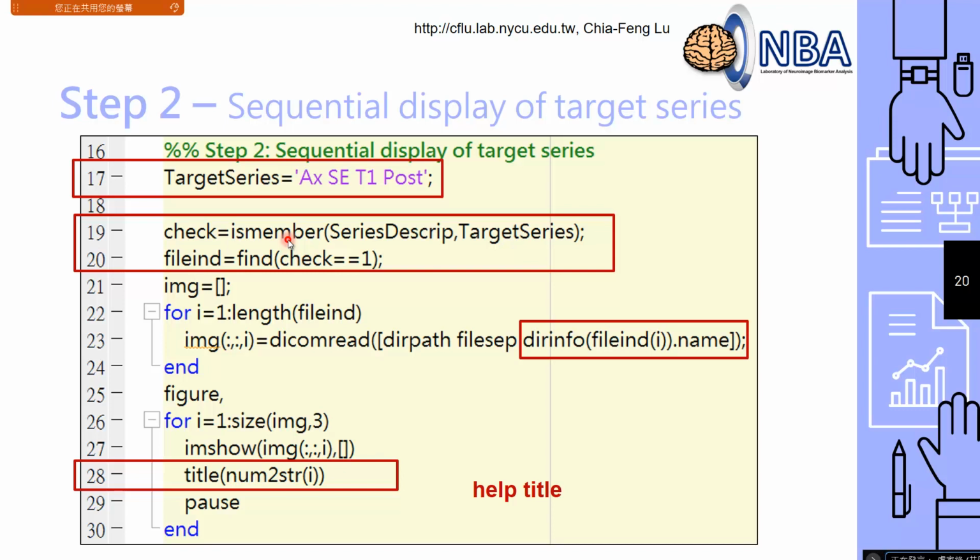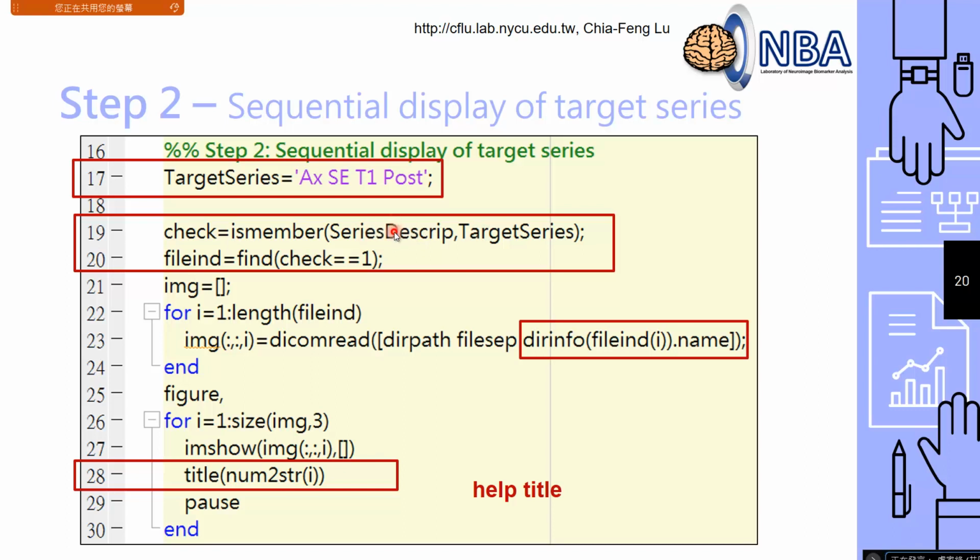At that time, the target was female. But right now, the target is the AX space SE space T1 space post right here. We use this is-member function to help us get the indices for the target series.